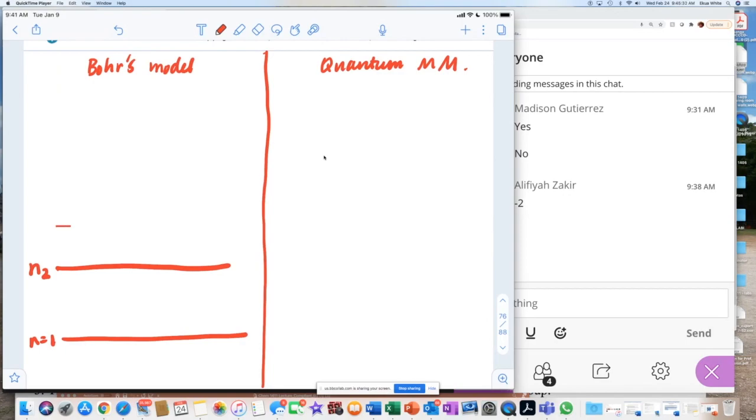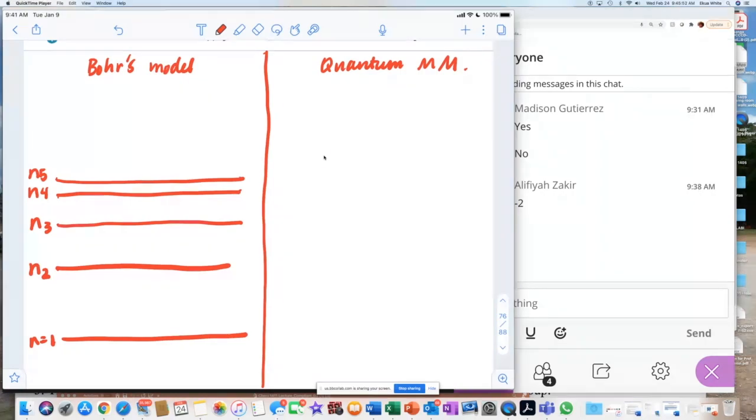So what I mean by that is I'm going to draw energy level 3. Oh, I don't want this to be so perfect. 3 right here, a lot closer. Okay. And then energy level 4 will be a little bit closer. And then energy level 5 will be even closer. The gaps get a lot closer to each other as you go high in energy level, right?